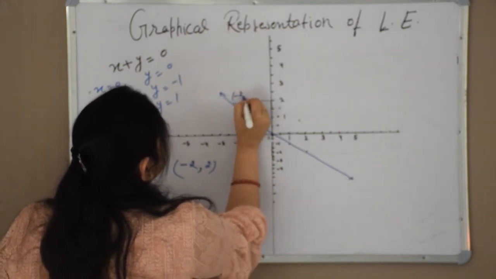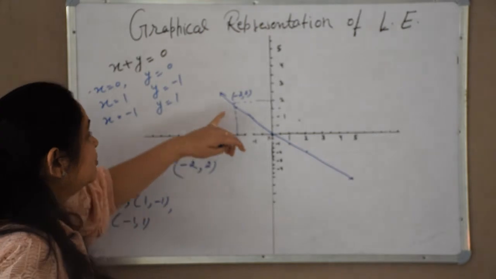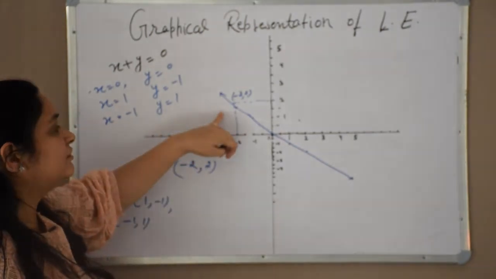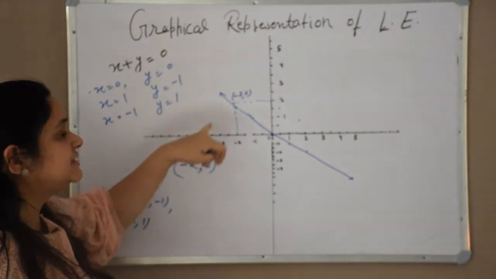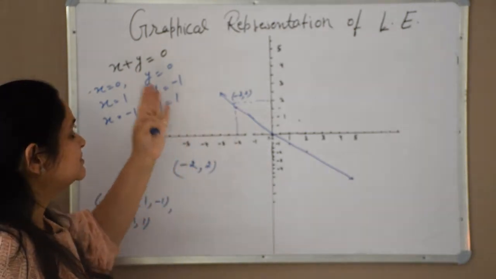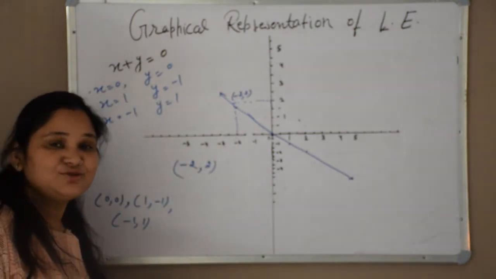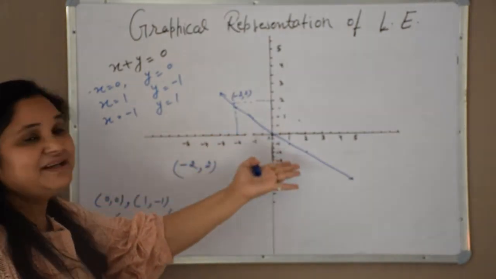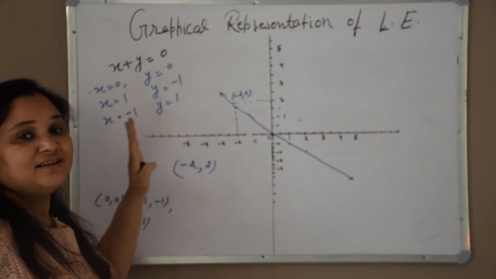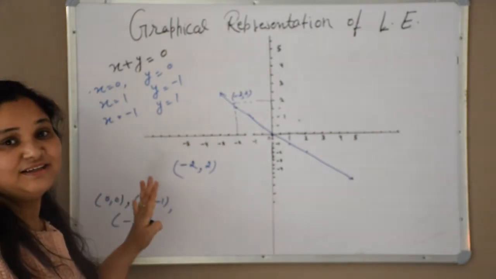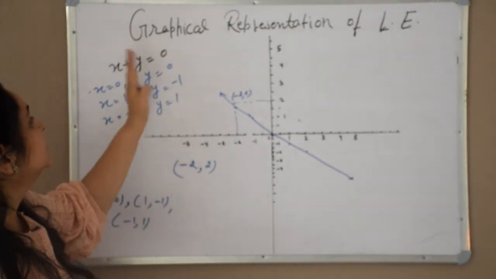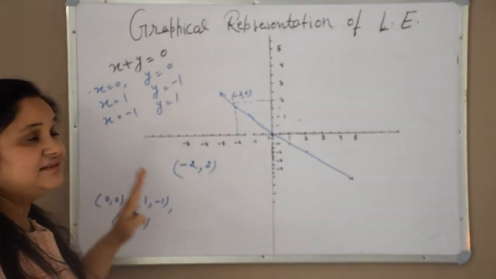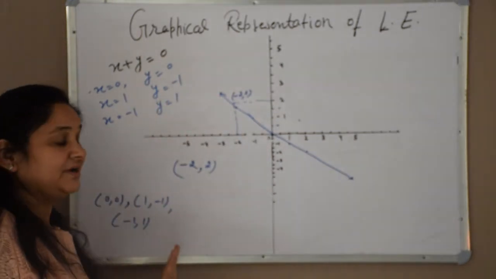Minus 2 comma 2, and it lies on the line. So this solution is a point on the line. So there are infinitely many solutions for a linear equation, and infinitely many points on the line are the solutions of the linear equation, which is the graphical representation, and that result is very important.